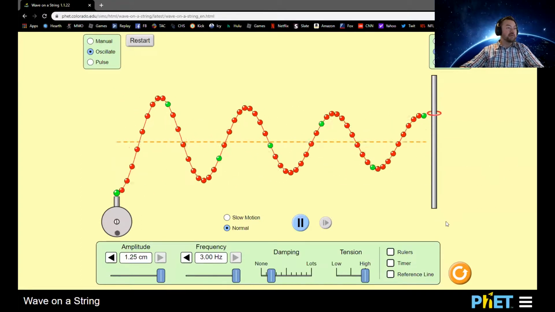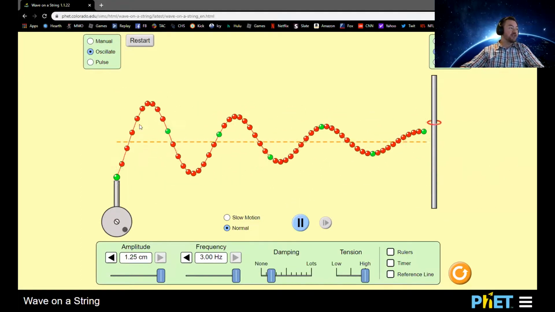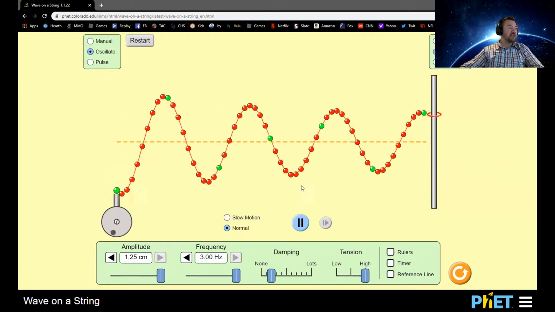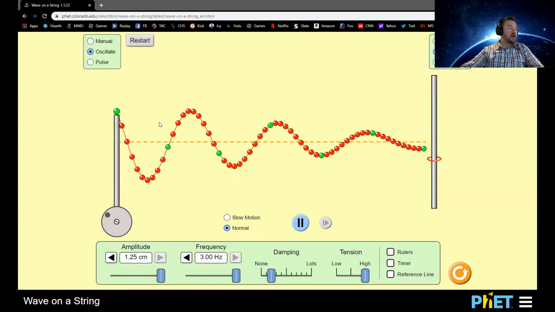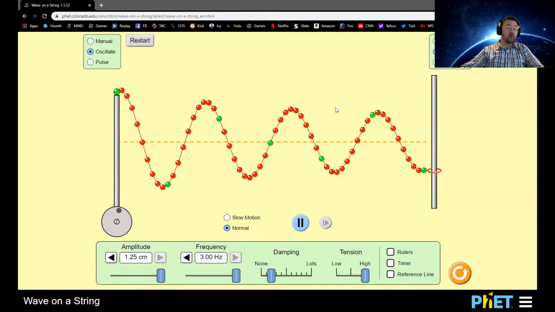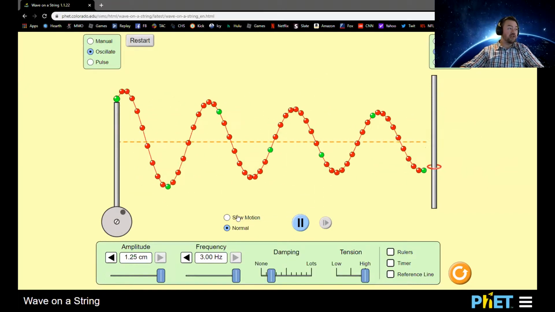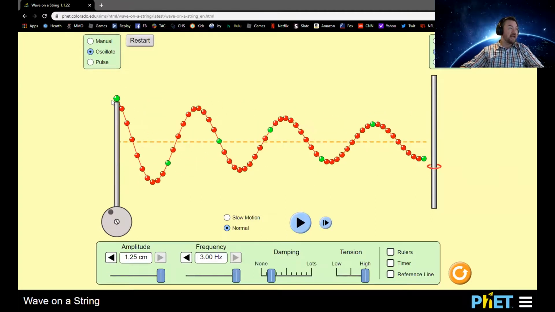So now I'm going to kick over to this animation where you can see the wave on a string again. Right now I have, I don't know how many waves that is, maybe 4 waves being represented. If I slow it down or pause it, I can see 1, 2, 3. It's about 3.5 waves right now.